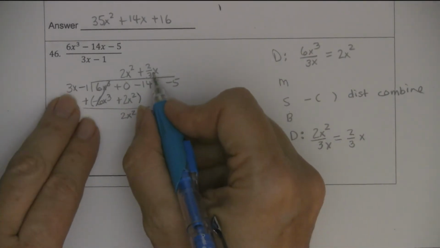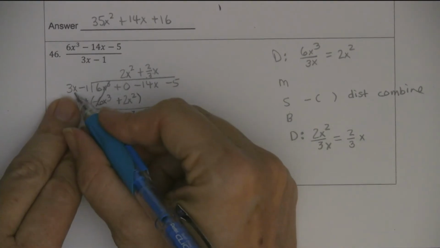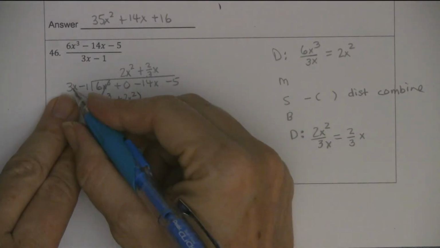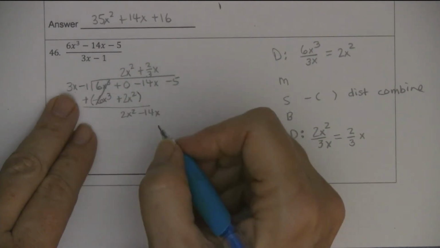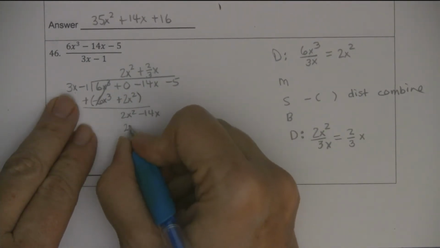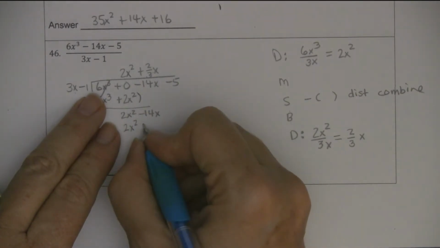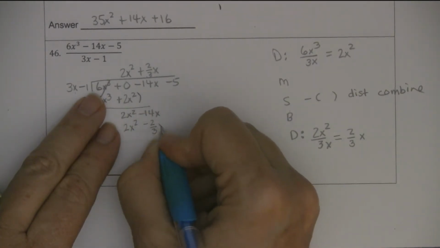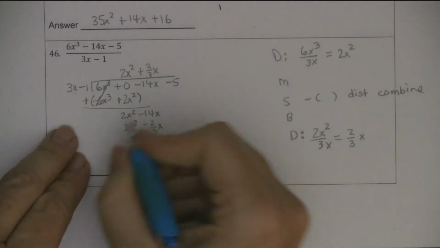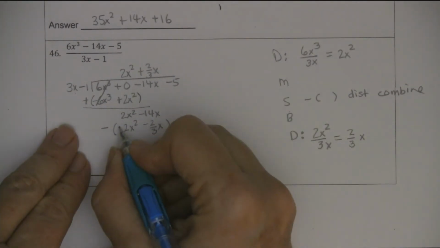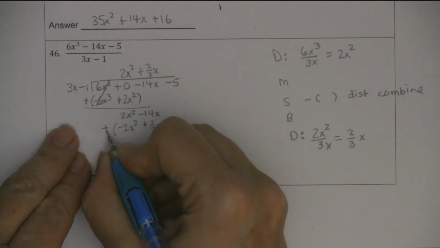And when I multiply these together times this, right? When I multiply 2/3 times 3, and you can do it on your calculator, you get 2x to the second. When you multiply 2/3 times -1, you get negative 2/3 x. And I'm going to subtract. So distribute the negative.